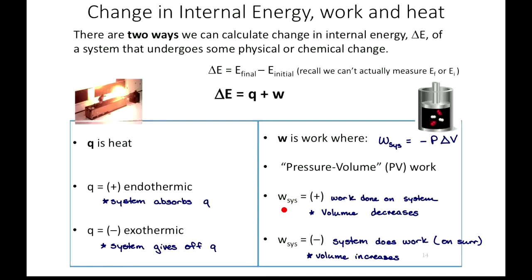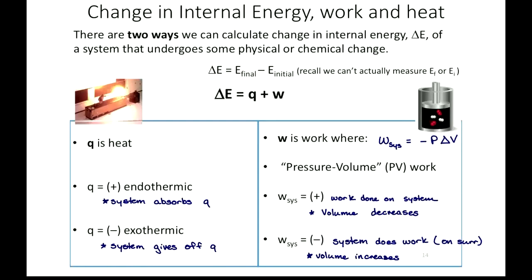When the work of the system is a positive number, what this means is that work is done on the system. I like to think about a balloon as my system. If I'm the surroundings, I'm doing work on the system by squeezing the balloon smaller.